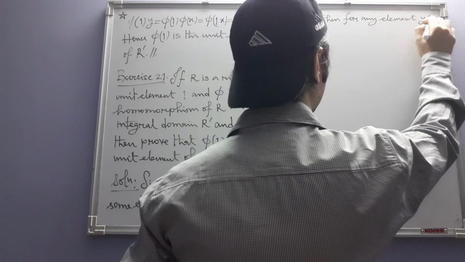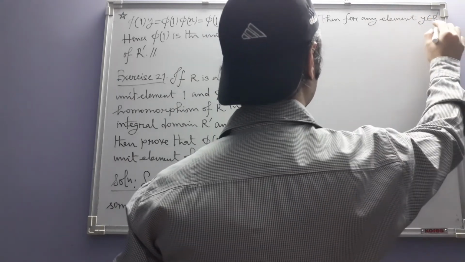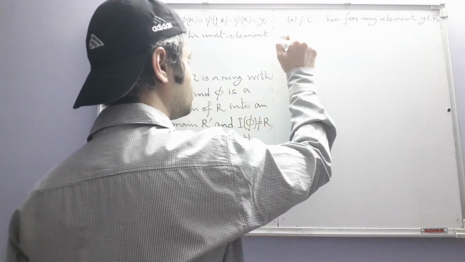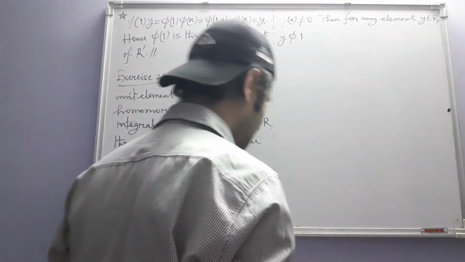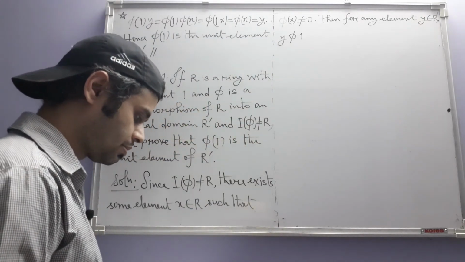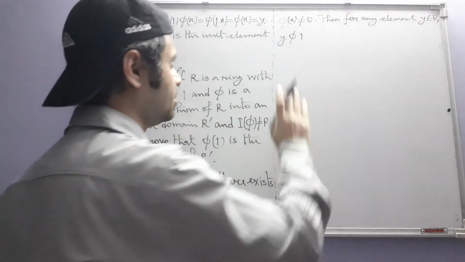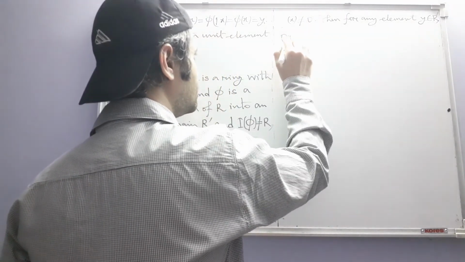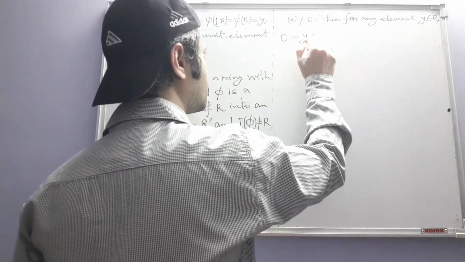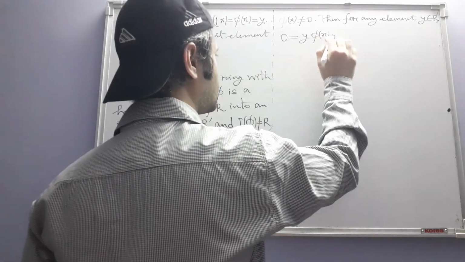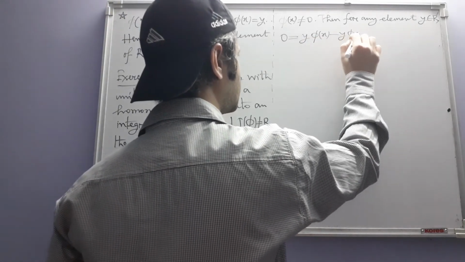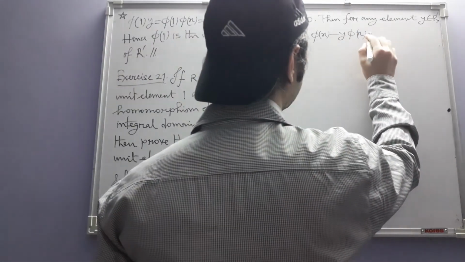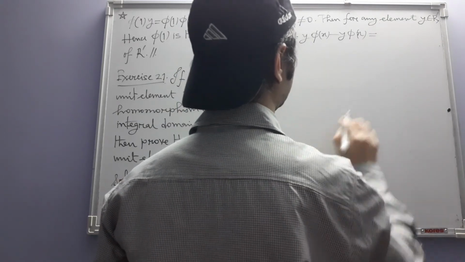Then for any element y in R prime, y times phi of 1, or phi of x, oh, it is something else, sorry. 0 is equal to y times phi of x minus y times phi of x. This definitely is true because they are both the same, right?